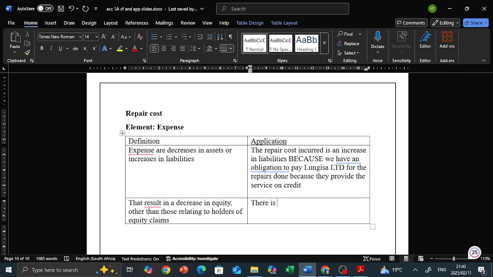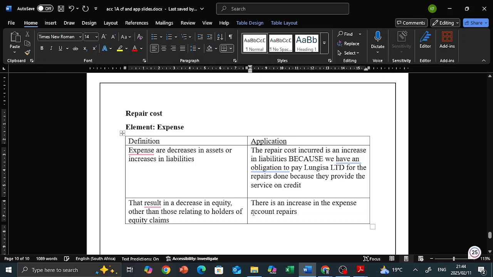Right, where was I? So it's an expense. There is an increase in the expense account.